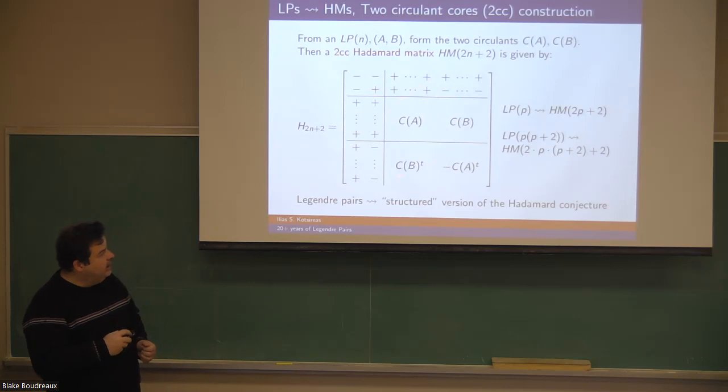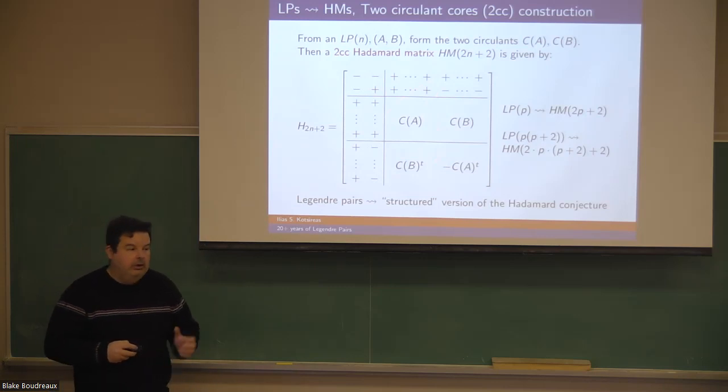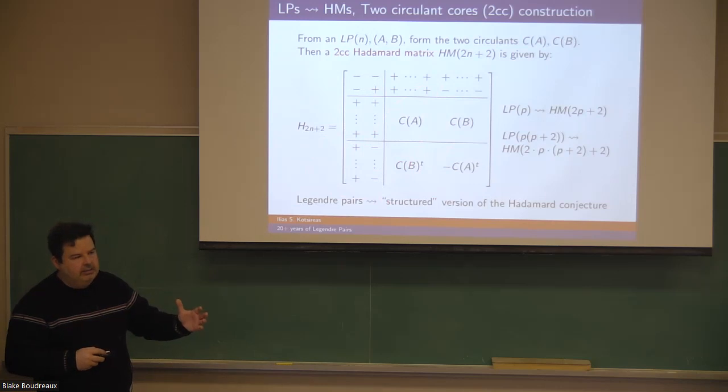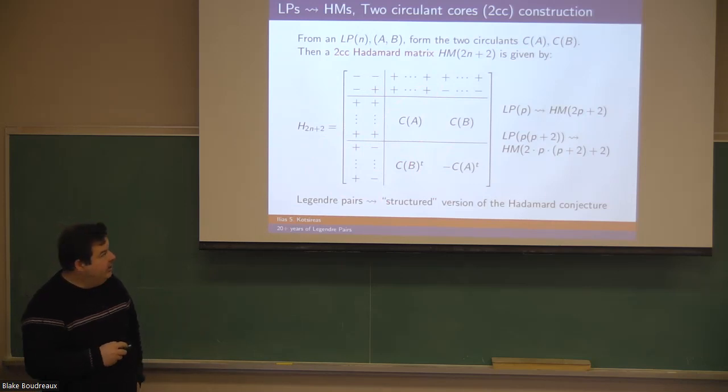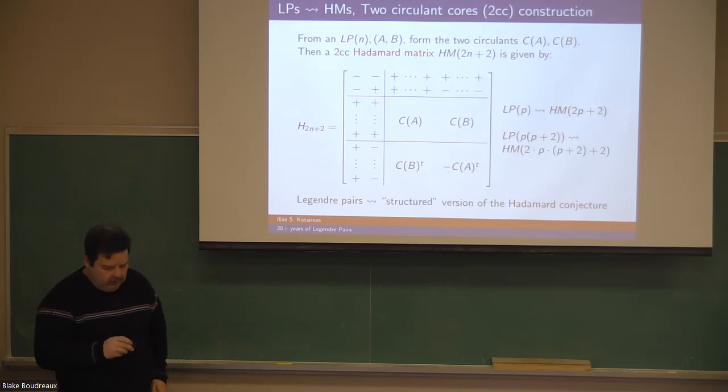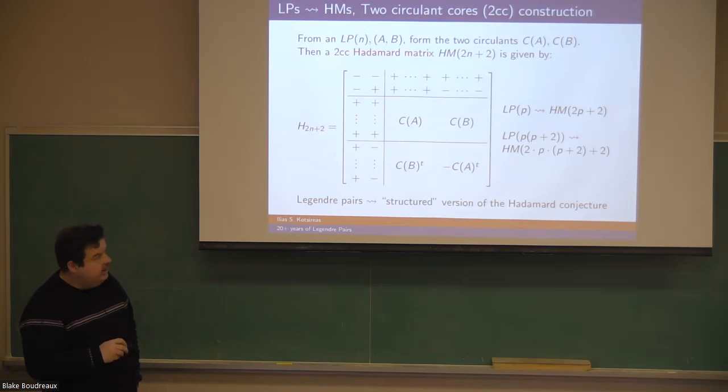This construction here is more promising in my opinion, and that has been conjectured by other people implicitly or explicitly, including myself. So the conjecture is that these Legendre pairs are enough to construct every Hadamard matrix that you need. And the reason is, of course, that when n is odd, then 2n plus 2 ranges over the entire multiples of 4. So this is why Legendre pairs are interesting.